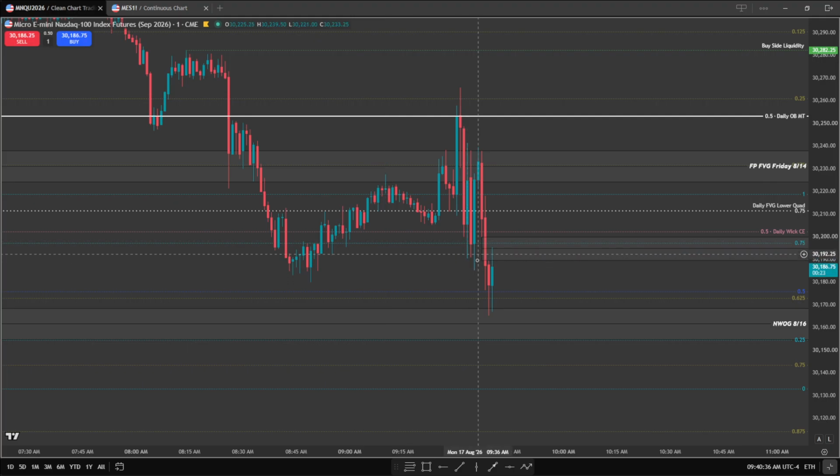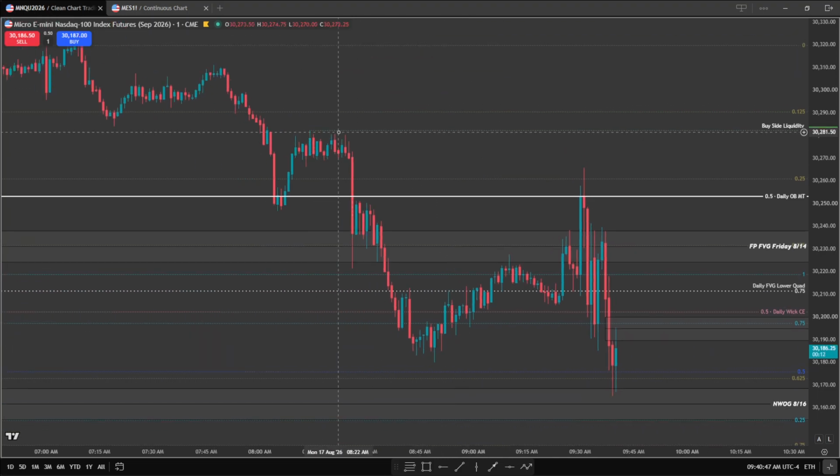It's first presented. Equal highs here, and then the high of day, and then these highs.